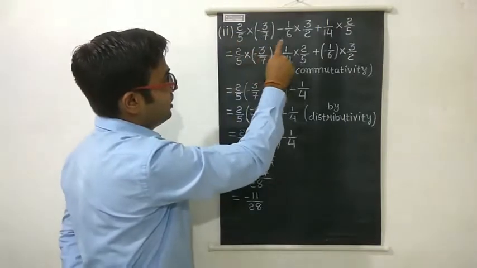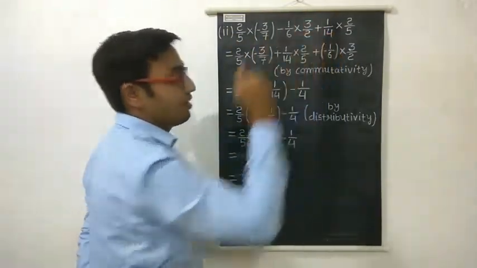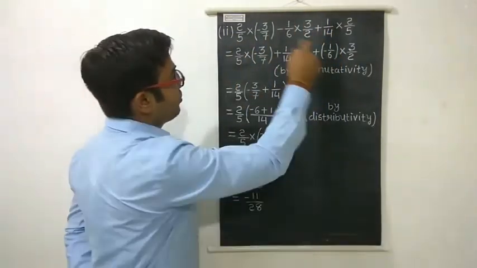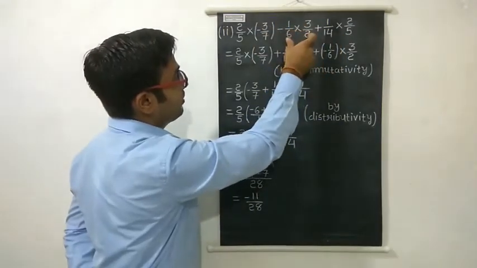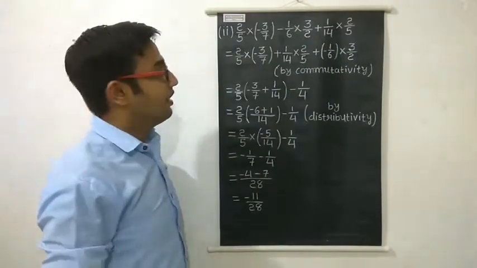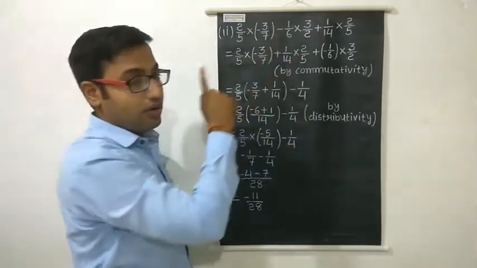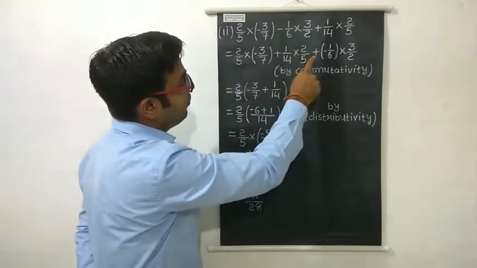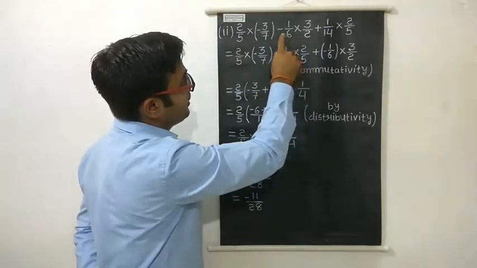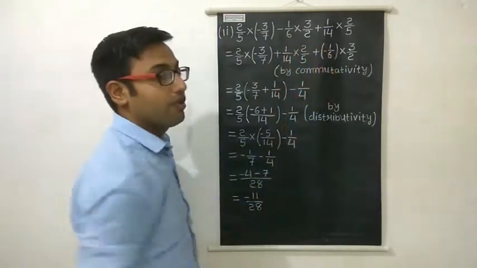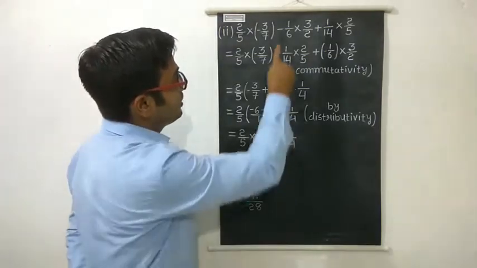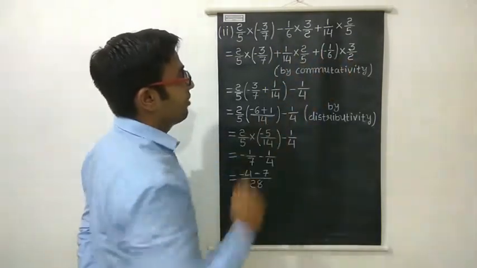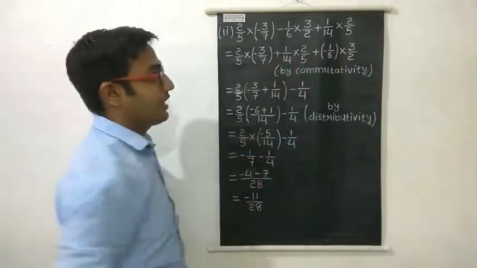This is the first, this is the second, and this is the third. So to take this third term here, we have to take this term to the last. And as there is a minus sign, we cannot do it directly. So now we can put a plus here, and this minus sign we can give to the 1 upon 6, that you know now very well. So these terms will become the third term, and this is now the second term.